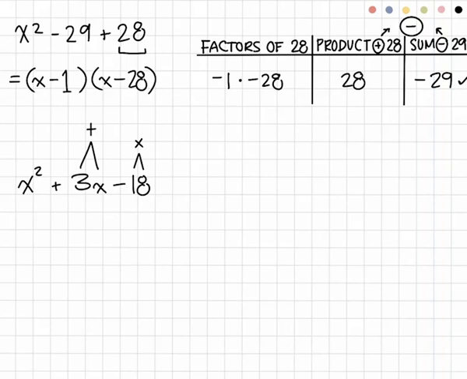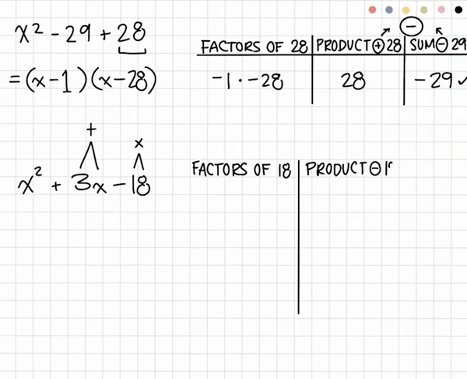Okay, so I'm going to need factors of 18. Okay, so my product has to do with multiplying, right? My product should equal negative 18 when multiplied, and my sum should equal positive 3.